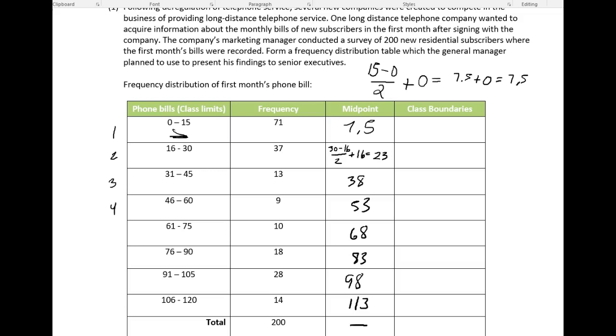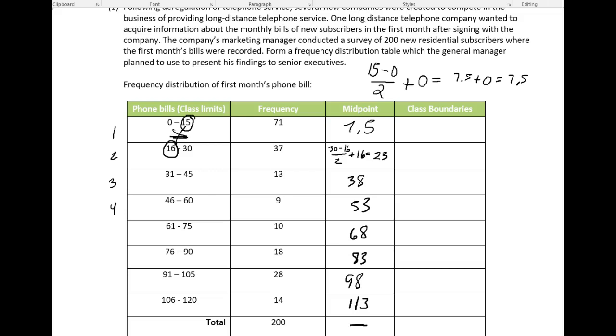And then another thing that you might be asked on a Learn Smart Achieve is the class boundaries. This is kind of a similar concept, in that what you're doing is you just want to split the difference between the upper bound of the previous class and the lower bound of the next class in order to get class boundaries, and vice versa.